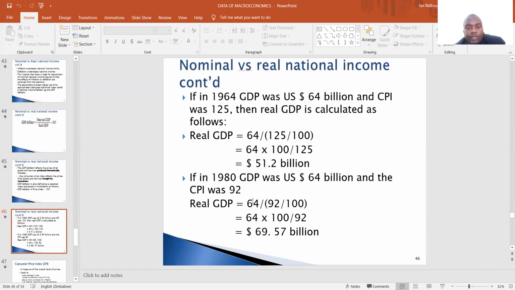So we need a GDP deflator, which in reality here would be a GDP inflator, since the use of nominal figures actually understates GDP. Real GDP would be 64 divided by 92 over 100, which in essence is 64 multiplied by 100, all divided by 92, which gives us $69.57 billion.